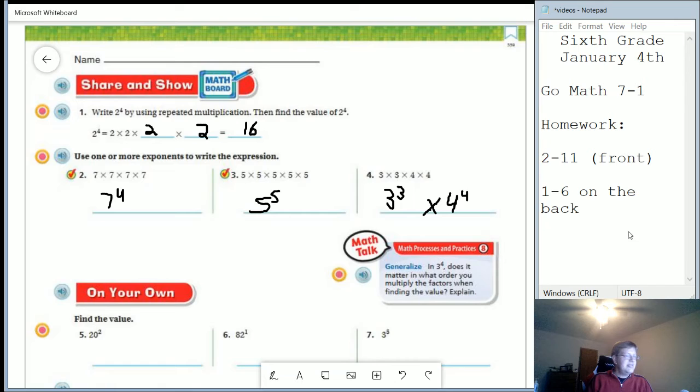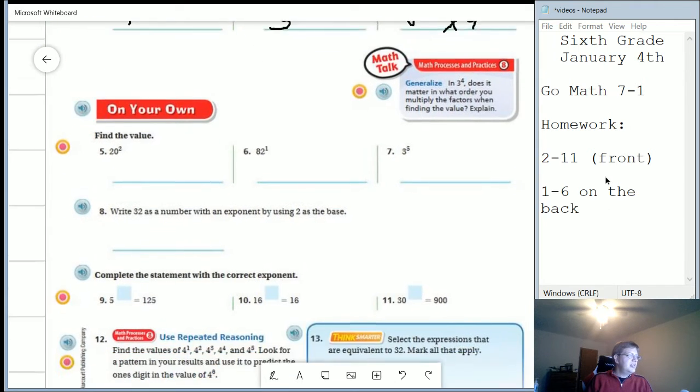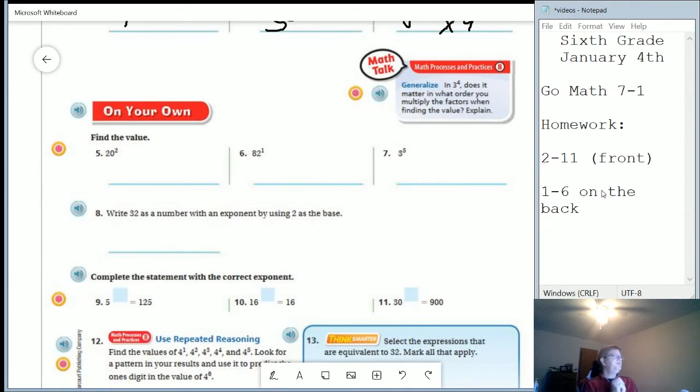Now for these, I will ask you to go ahead and pause the video. I want you to look at number 5, number 6, and number 7, and we want to figure out what the answer for all 3 of those are if we write it out without the exponent. So 20 to the second power would be 20 times 20.